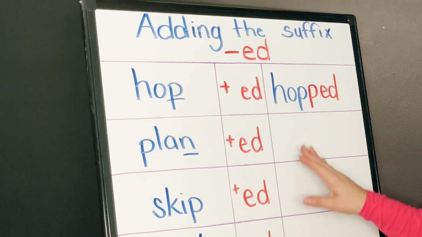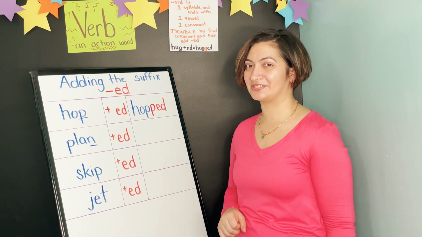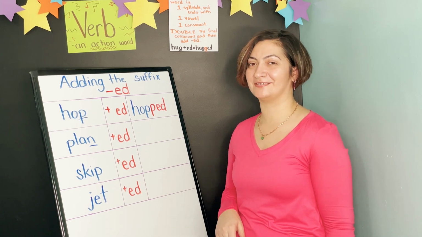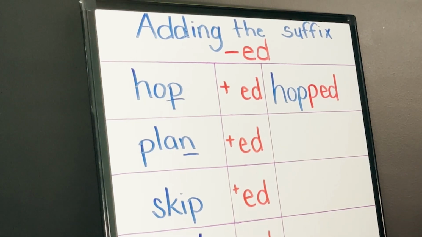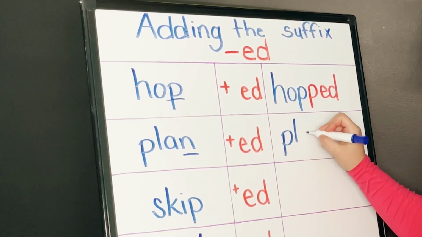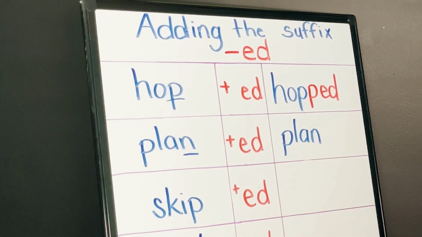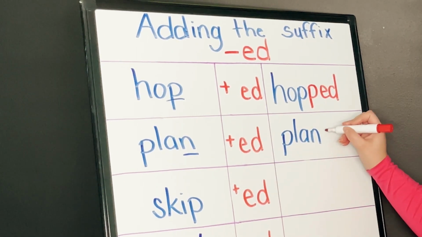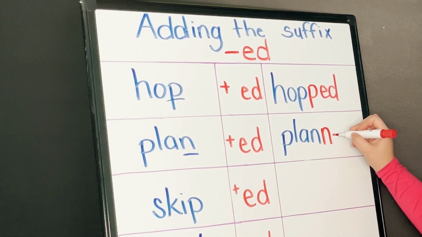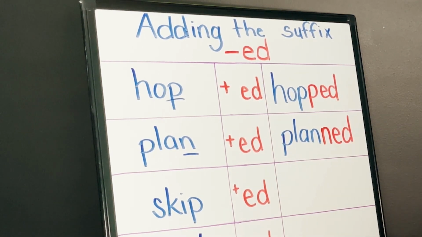Nice job. Let's go ahead and try spelling the word planned. I like how you're giving it a shot on your own. Nice try. Let's check your work. All right, so I'm going to have the word plan. But before I can add ed, I'm doubling that last consonant, then adding ed. I planned the birthday party.